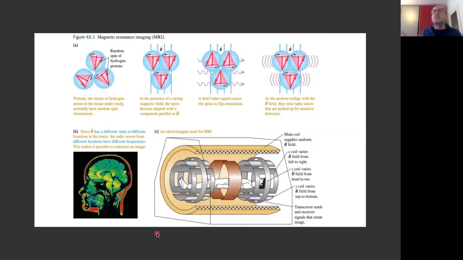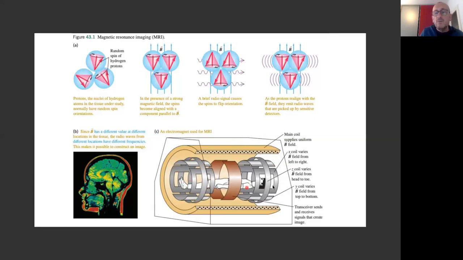You need a big B somewhere, and mounted on that big B, which in this case goes right through your body, because this is a complete big coil here, you have smaller coils like that and like that that induce a gradient in this direction and in that direction.